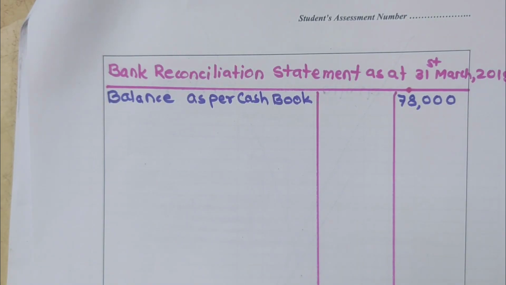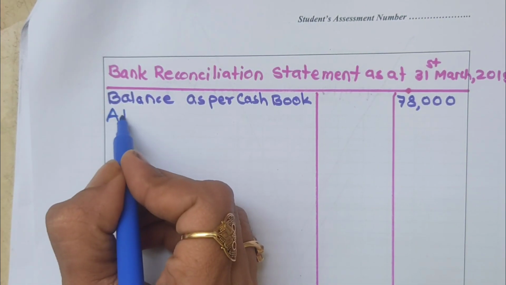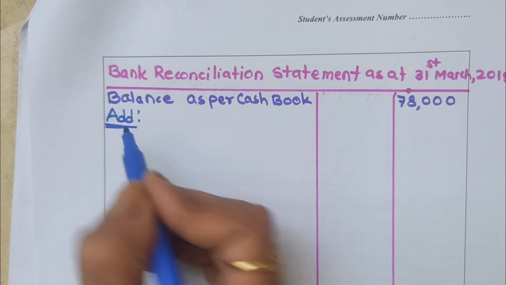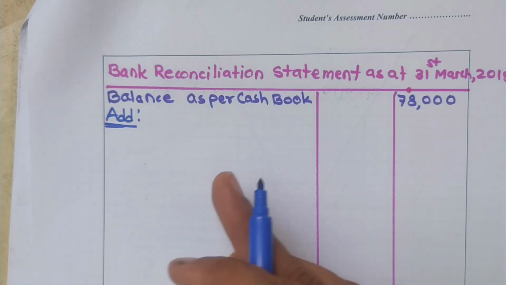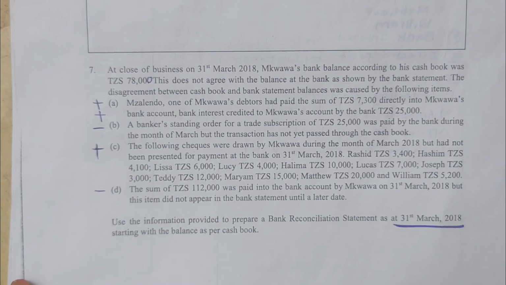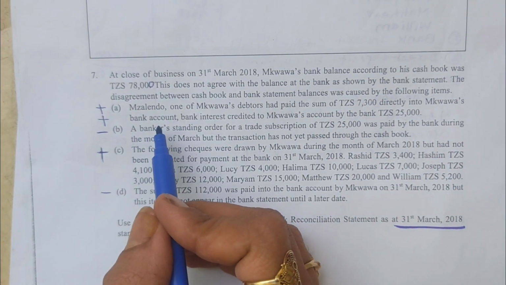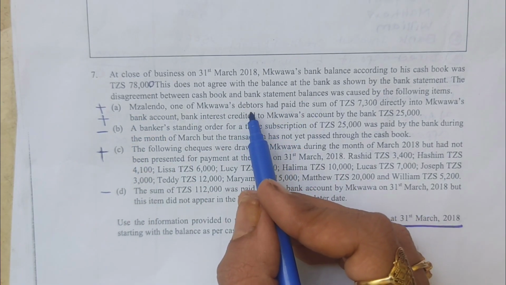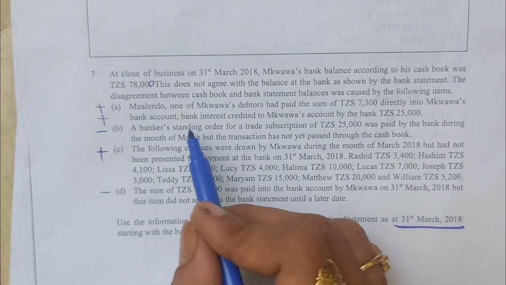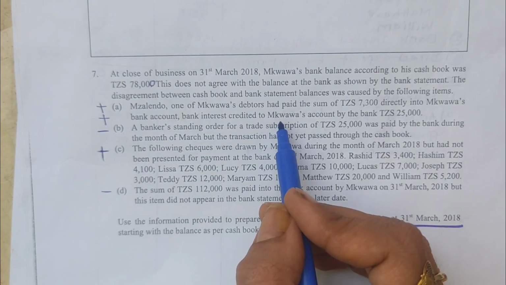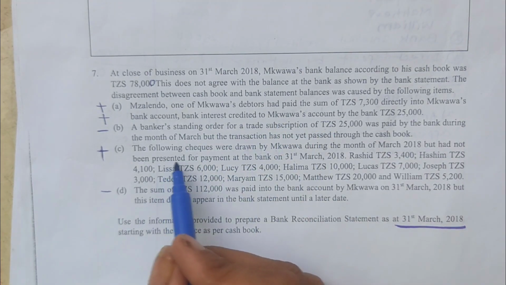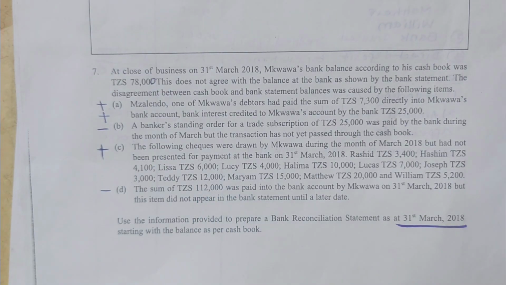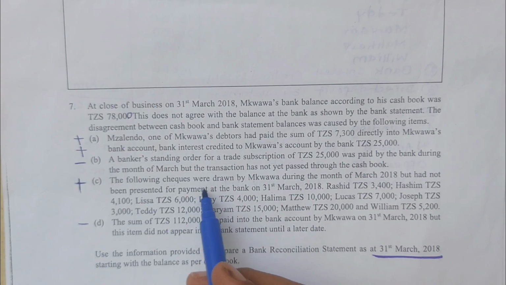So this amount we are writing in outer column. Now we have to give effect for which items we are adding and which items we are deducting. So first we will write down the amounts which are to be added. As we already saw, which items we have to add. Number 1, debtors, one of the debtors directly deposited. Second, interest credited directly in the bank. And the third one, unpresented check.